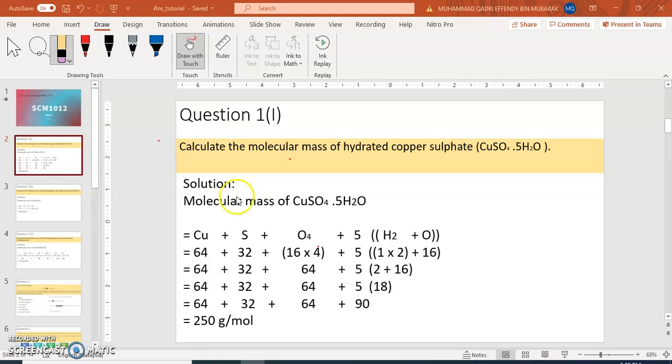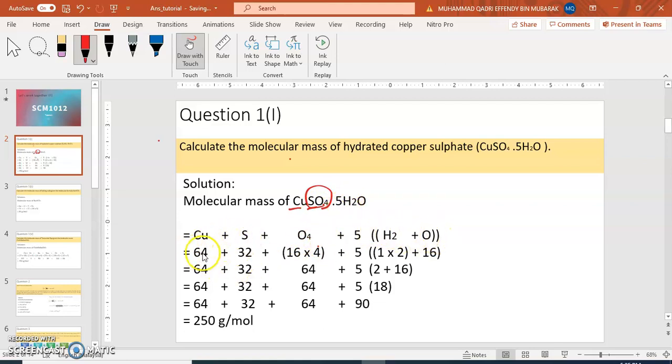So we need to identify: we have copper, we have sulfur, we have 4 oxygen, and we have 5 H2O, 5 molecules of water. So copper, sulfur plus O4. Why is it O4? Because we have 4 oxygen here, and then we have 5 H2O.